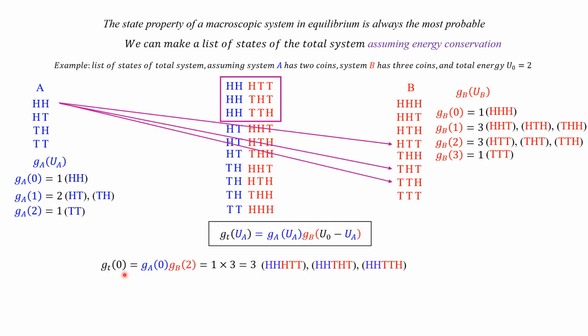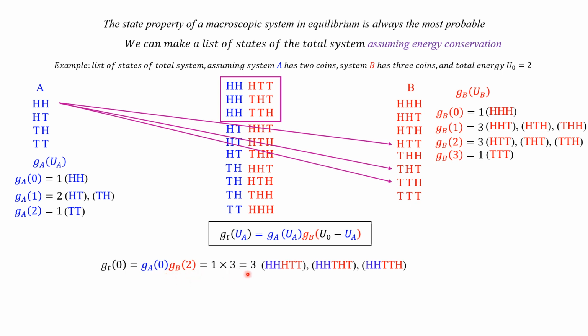So for example, coming back again to the evaluation of the multiplicity of the total system at UA equals 0, we know that the result is 3. And the result is 3 because we have one state in system A having 0 units of energy, this state, and this state can combine with 3 states of system B having the complementary energy.